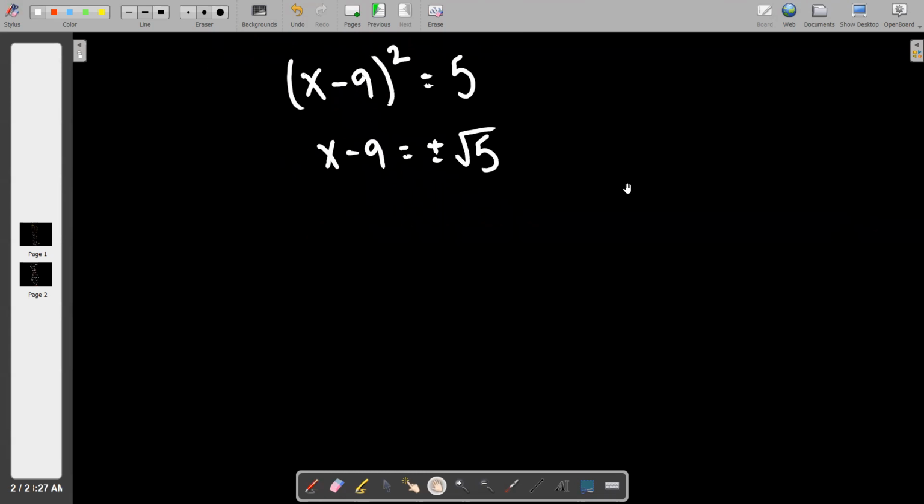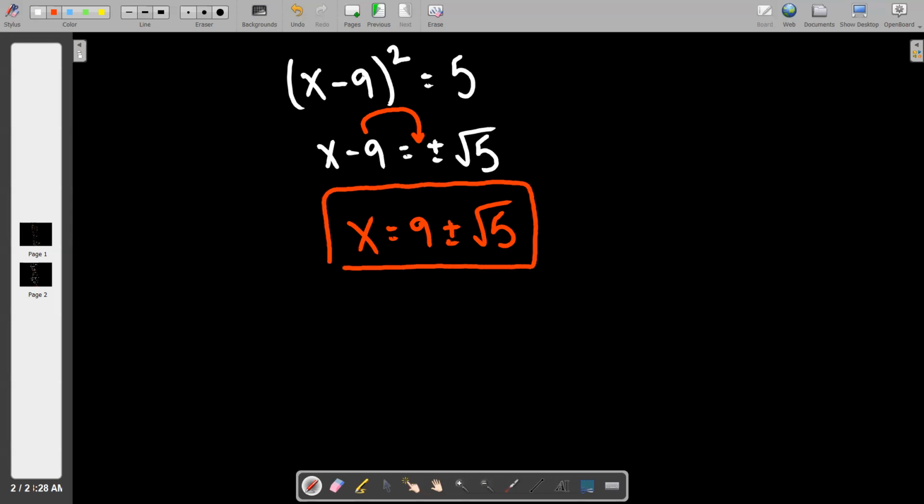What's the last thing we have to do? Move that 9. Remember, we tuck it right there, boop, every single time. What's my final answer going to be? Bless you. Done. And this is not one where you trace the pathways because root 5 is irrational. So this time we just leave it as 9 plus or minus root 5.